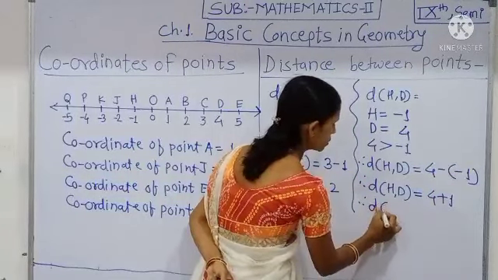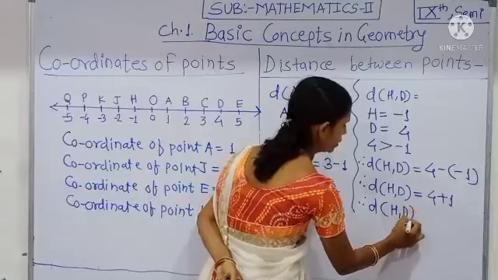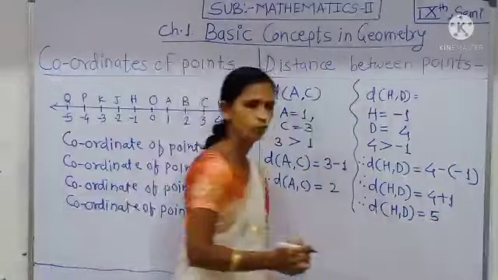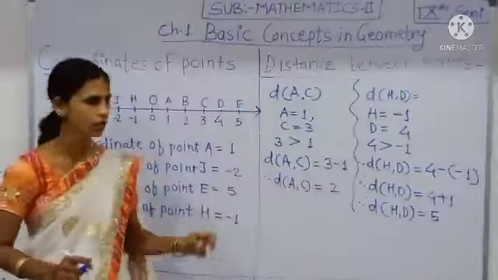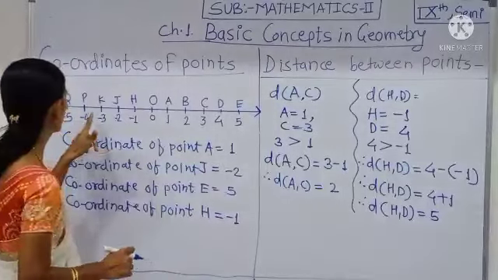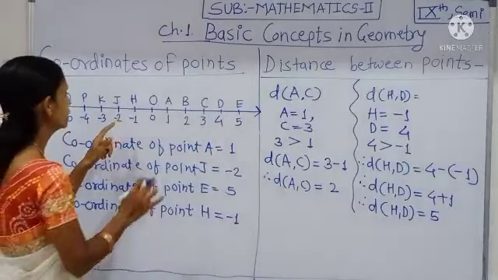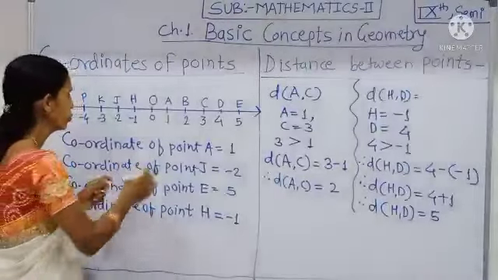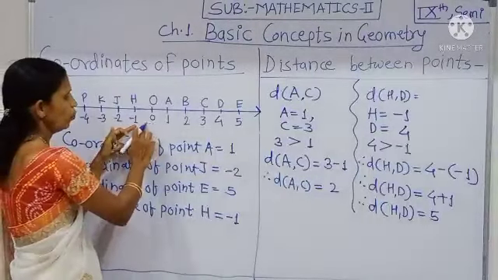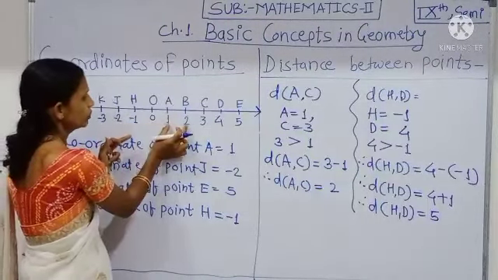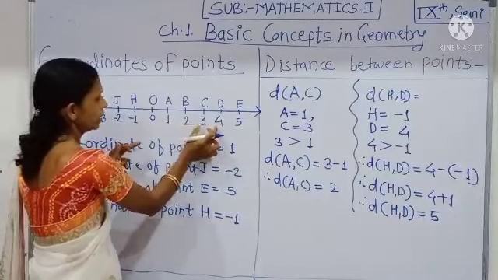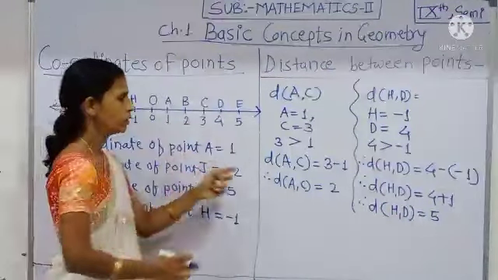Therefore the distance between H and D is 5. See here, 1, 2, 3, 4 and 5.